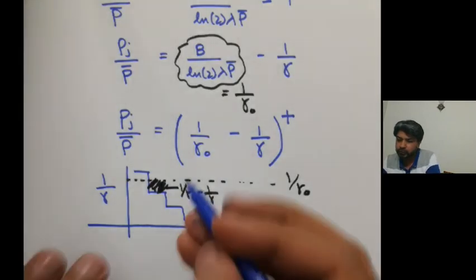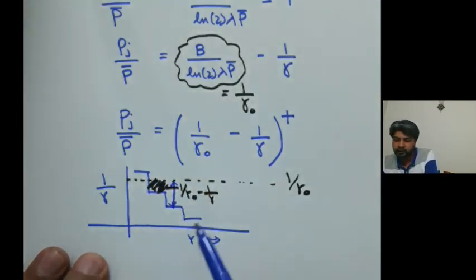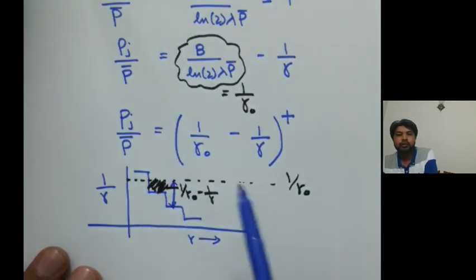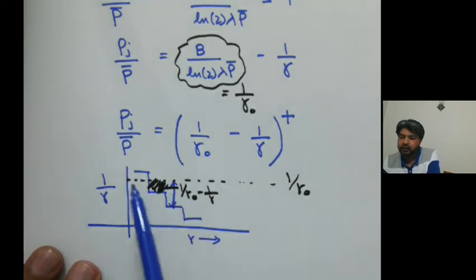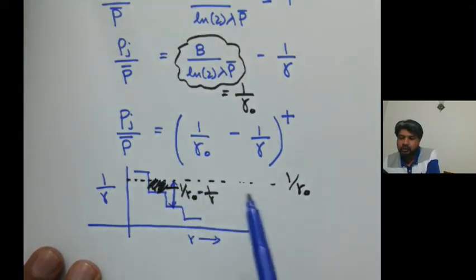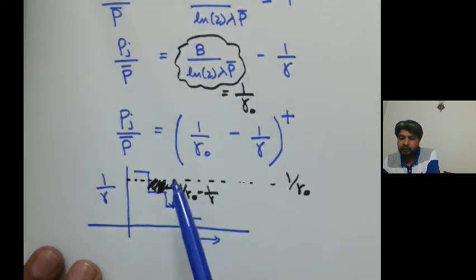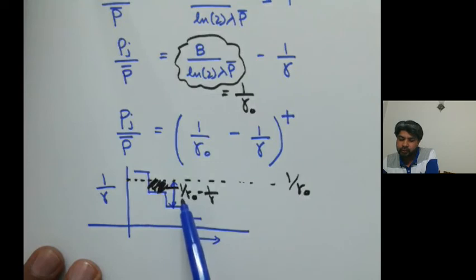You would pour more water in it. So this much power you would pour into the channel. This kind of solution is called a water filling solution. That means that if 1 over gamma naught is your water level, you would pour in power until you reach that water level.